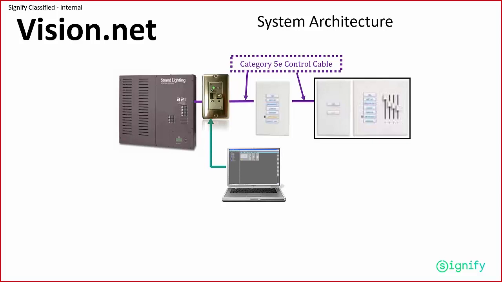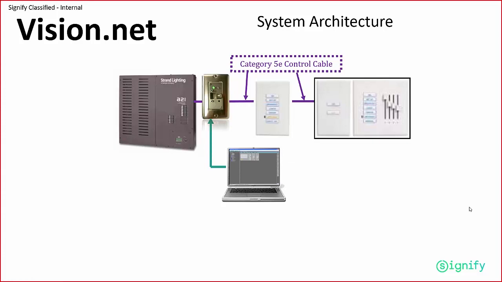In this particular case, it's communicating to the control stations directly. The device in the middle is a programming station. This is where the commissioning agent would take their laptop and connect into the system either via USB or serial, and this is where they would upload their programming into the system.